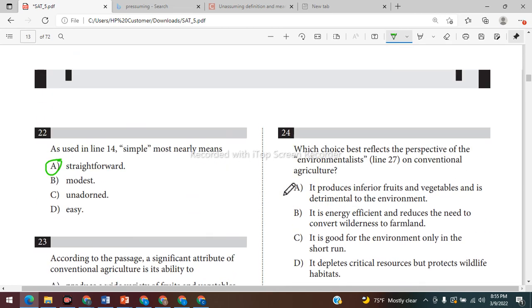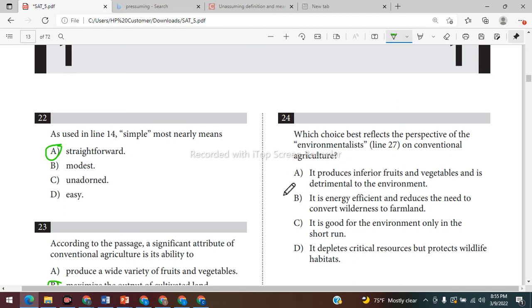All right, next up is number 24. Which choice best reflects the perspective of the environmentalists on conventional agriculture, line 27? Is it that it produces inferior fruits and vegetables and is detrimental to the environment? Is it energy efficient and reduces the need to convert wilderness to farmland? Is it good for the environment only in the short run, or does it deplete critical resources but protect wildlife habitats?